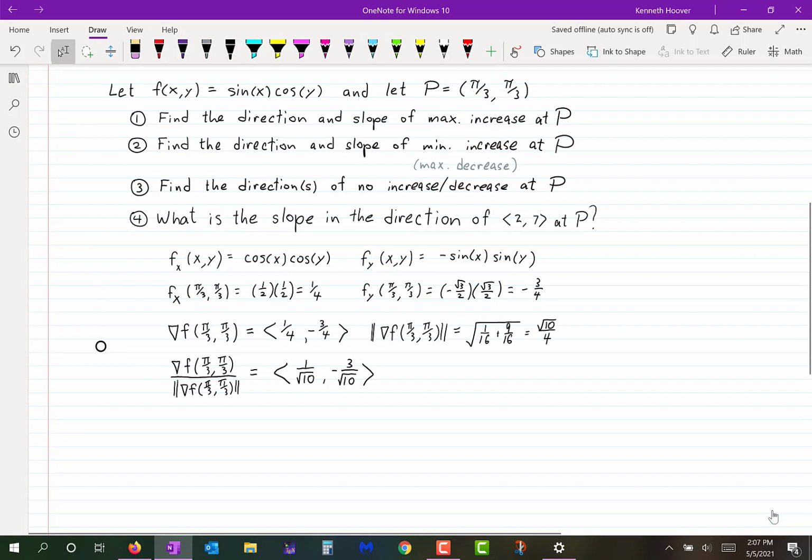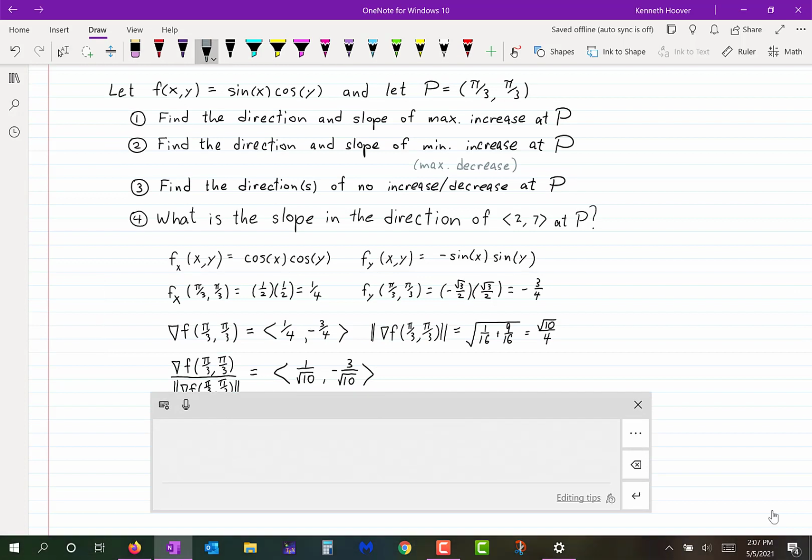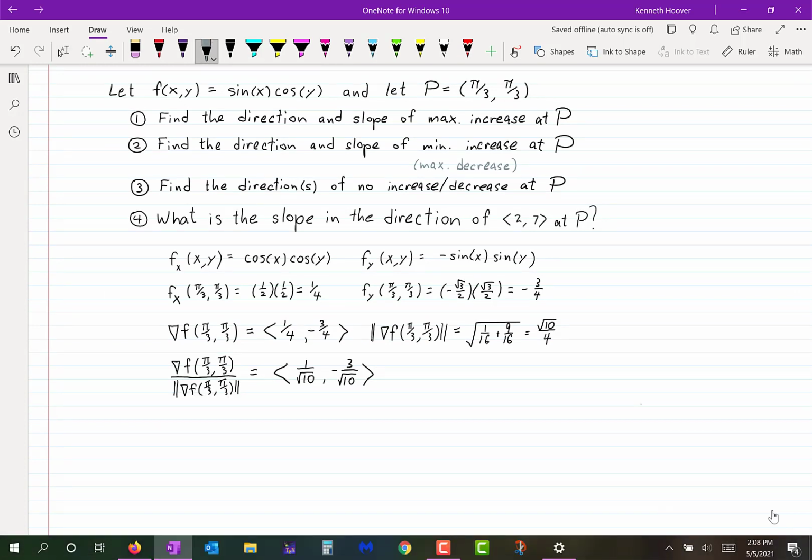Okay. Number 1. The direction of maximum increase. How about if we write it out as a sentence?